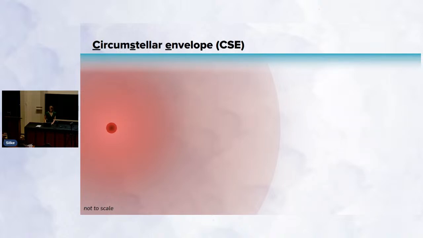There are two main important parameters that we use to characterize such an outflow. The first one is the mass loss rate. This is the amount of mass that the HB star is constantly losing from its surface. We generally express it in solar masses per year, and it's only a very tiny fraction of the mass of the sun that is lost every year.